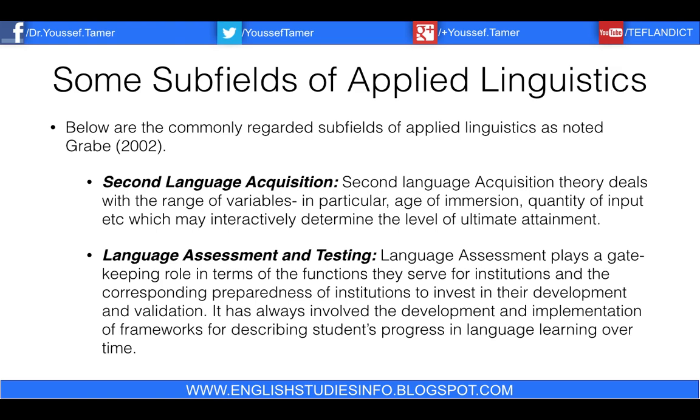Language assessment and testing is another subfield of applied linguistics: the theories and principles related to how we can come up with a valid test for learners of a language.